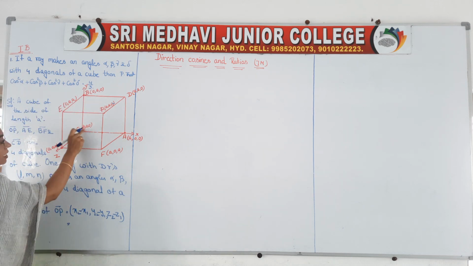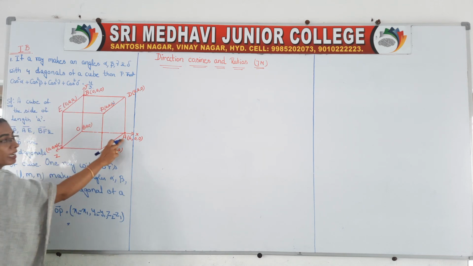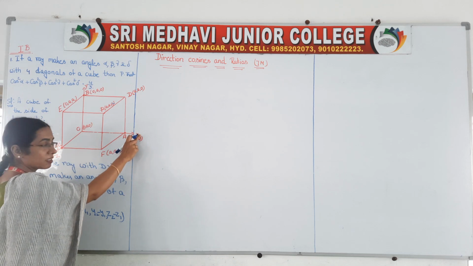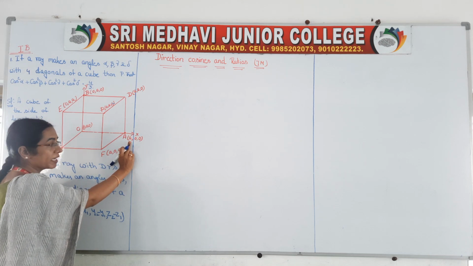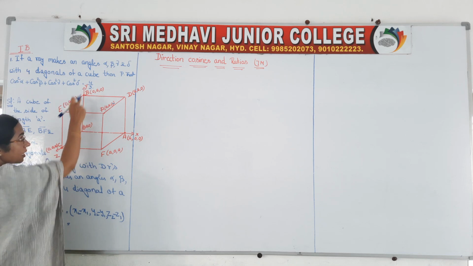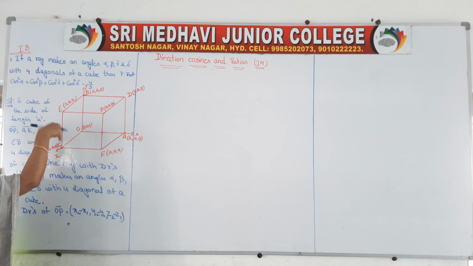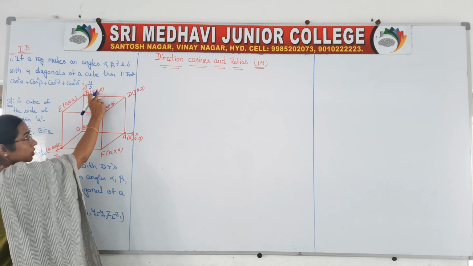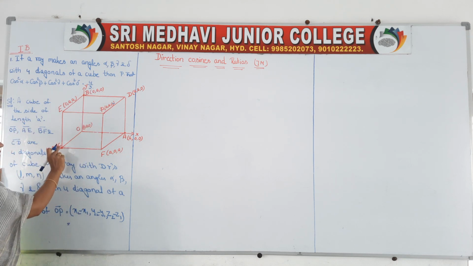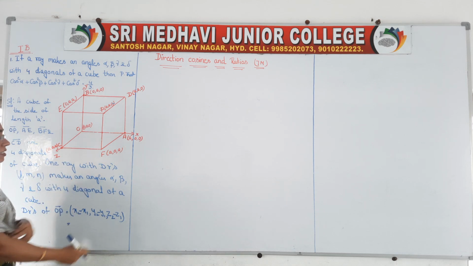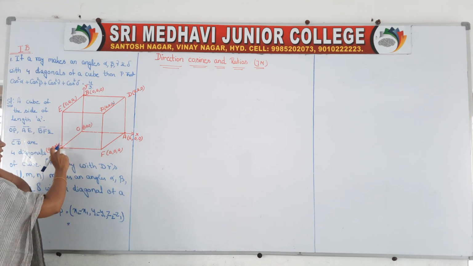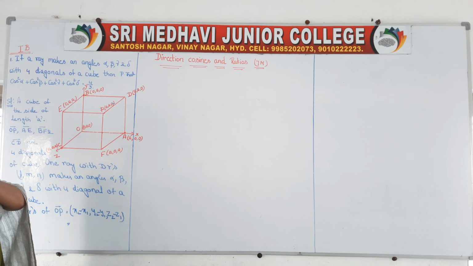And C lies on z axis. A lies on x axis, that's why only x coordinate will be there. B lies on y axis, so only y coordinate will be there. C lies on z axis, so only z coordinate will be there.